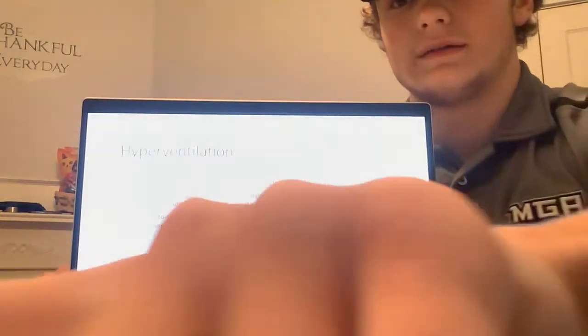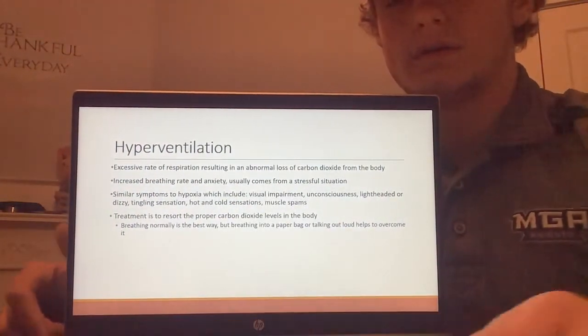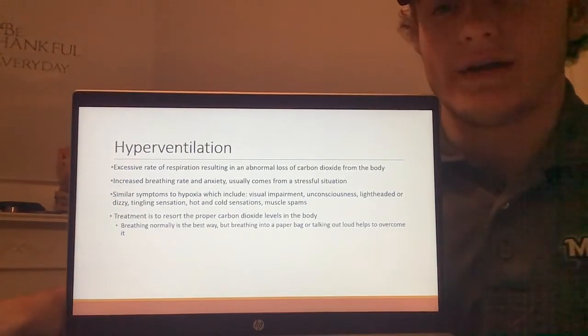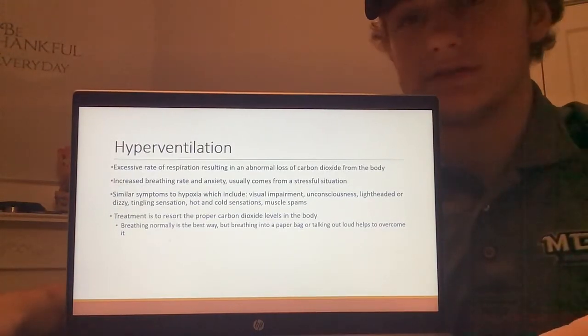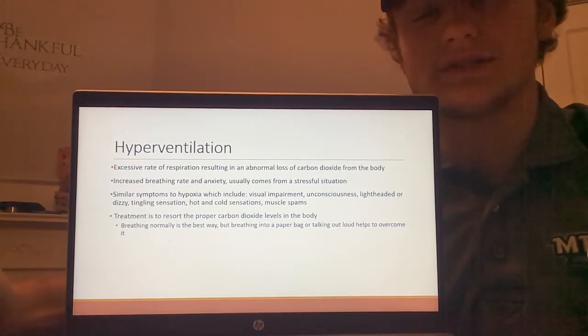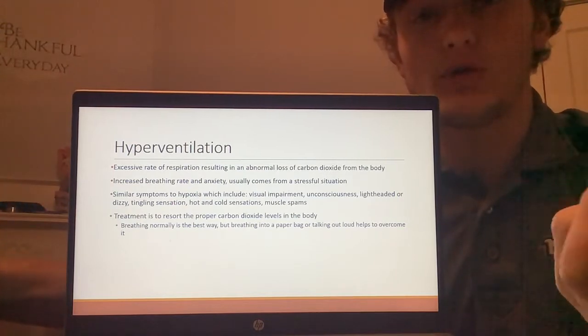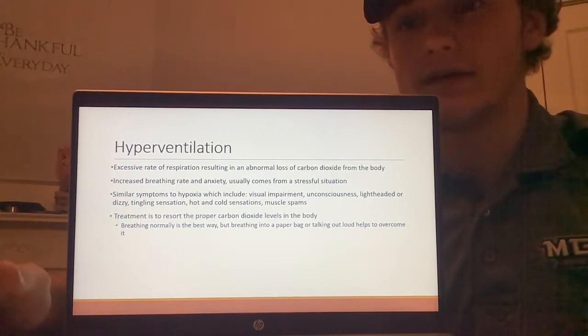The next factor that we'll get into is hyperventilation, which is an excessive rate of respiration in the body, which results in a lack of carbon dioxide in it.